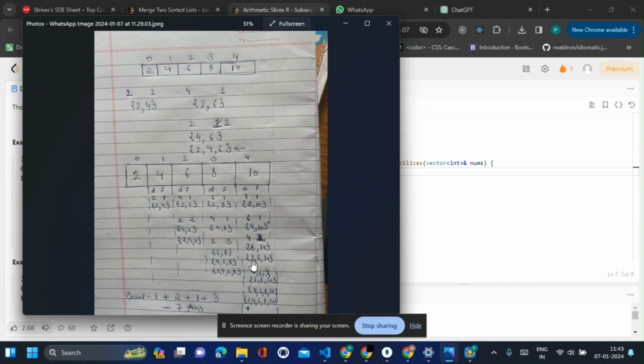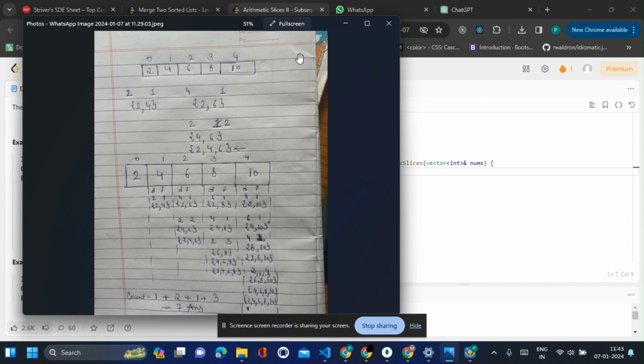Now if we move to this, we can add 10 to this and we get our new subsequence, which is the arithmetic slice. So this is our whole intuition behind this. If we increase the count variable based on the previous values, we will get the total answer equal to 7.